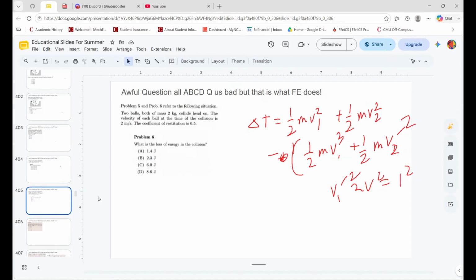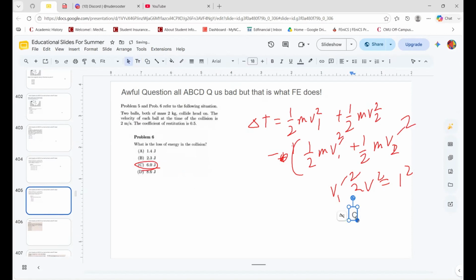Everything is multiplied by 1/2, so we can do 1 divided by 2 times the parentheses: the mass is 2 multiplied by 2 squared plus 2 multiplied by 2 squared, minus 2 multiplied by 1 squared minus 2 multiplied by 1 squared. Am I correct? I get about 6 joules lost. So that's C.